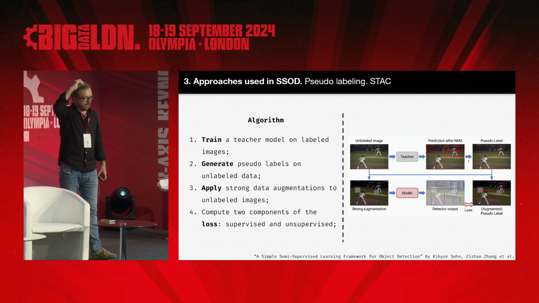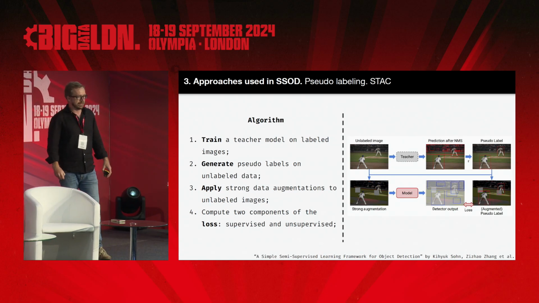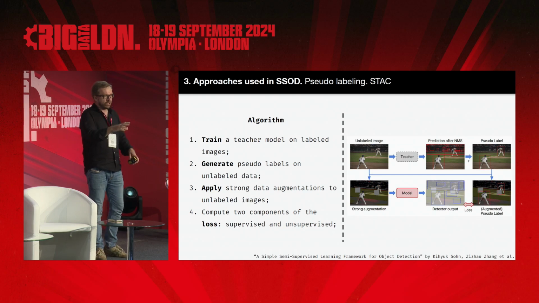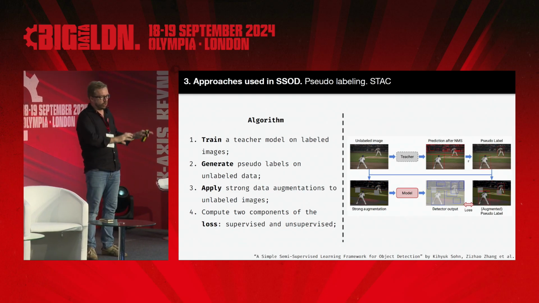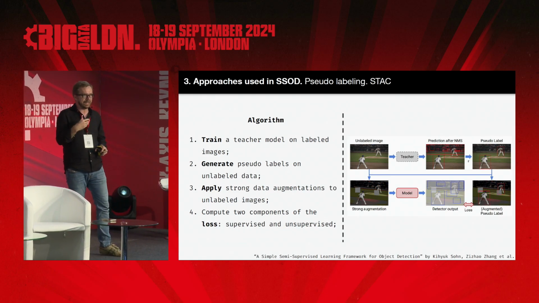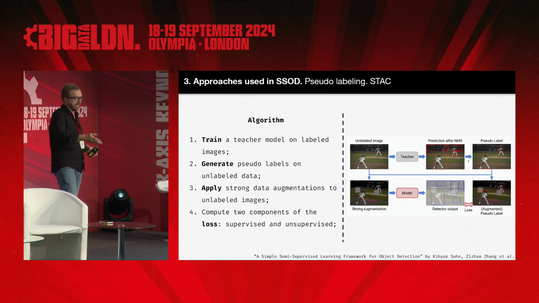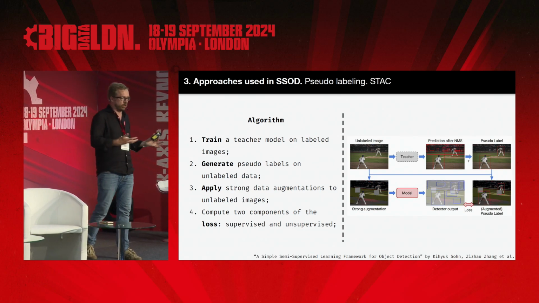Okay, I already talked a bit about this stack approach, but again, I talk from the augmentation point of view now, like how it is related to pseudo-labeling. So the algorithm is pretty straightforward.